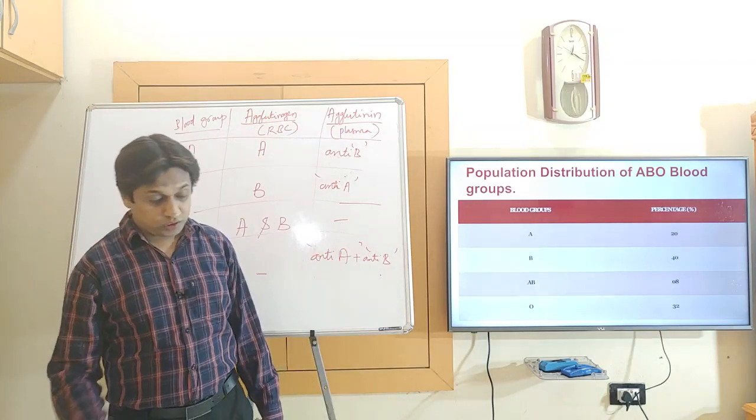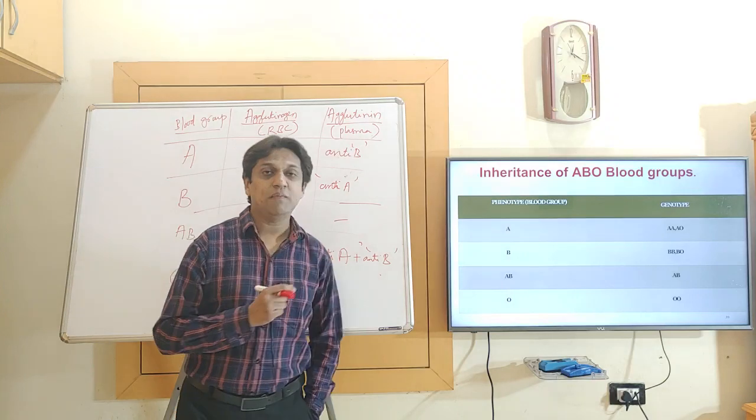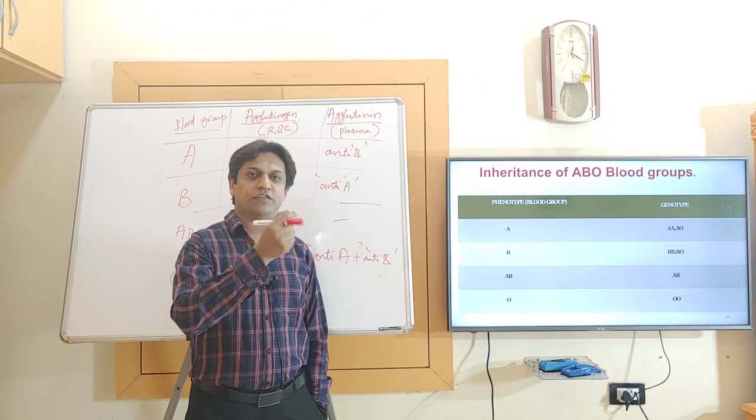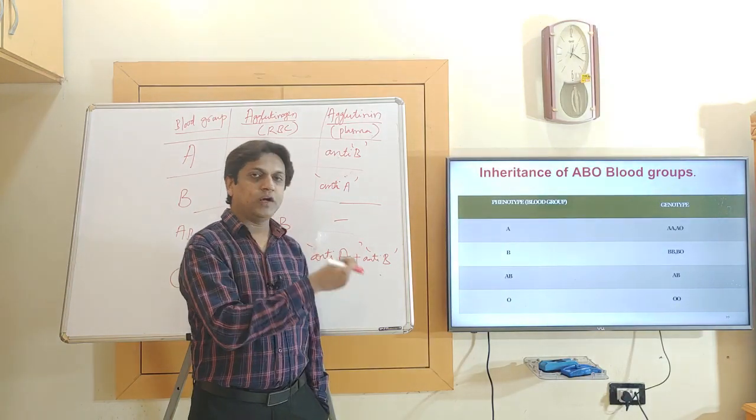Now we come to an important concept: the genetics or inheritance of the ABO blood grouping system. How will parents transmit the gene for blood group A, B, O or AB?